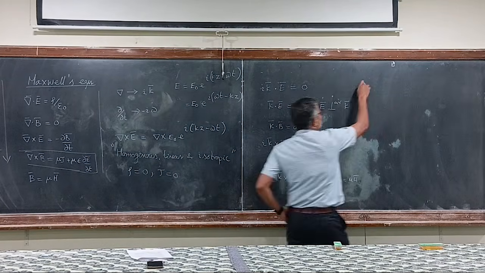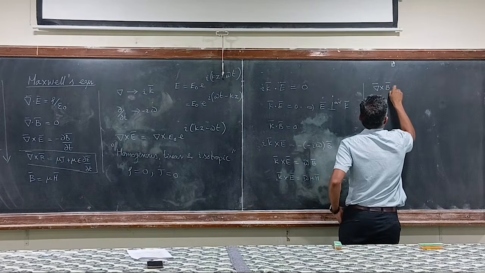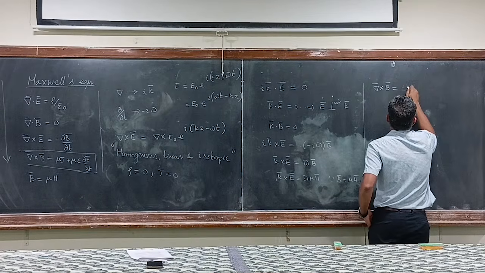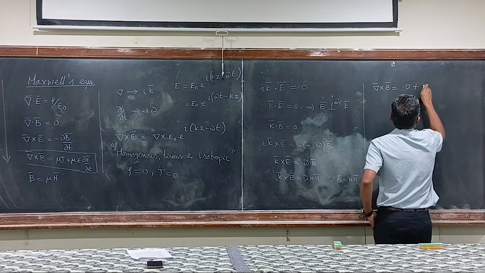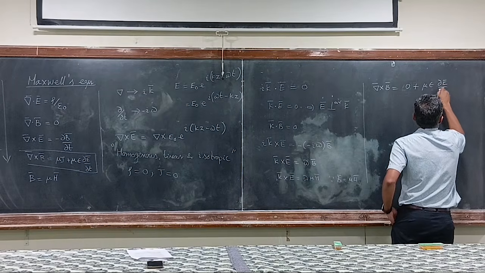Now the last one: del cross B vector will be equal to mu times J. Because J is 0, this can be considered 0, plus mu epsilon dE by dt.